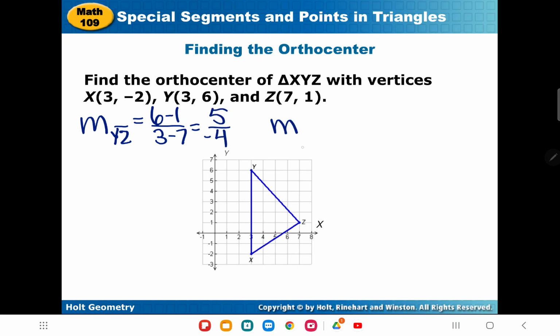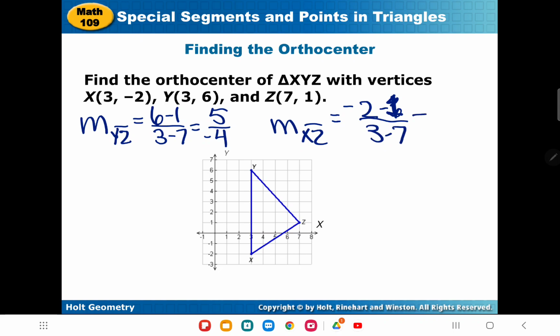And my slope for XZ is negative 2 minus 1, sorry, miscalculated there, over 3 minus 7.